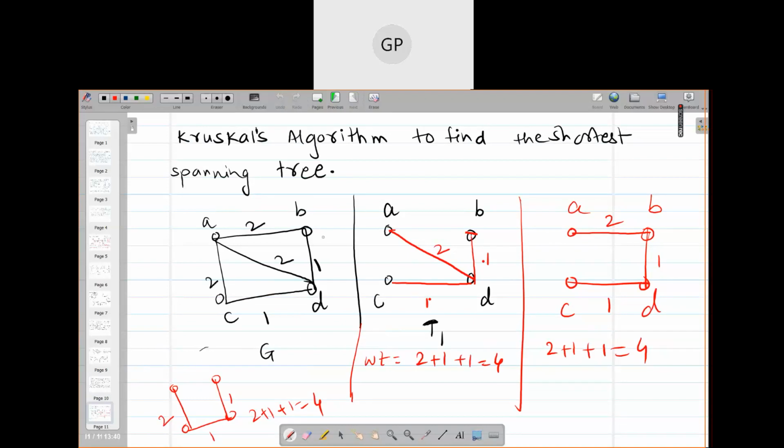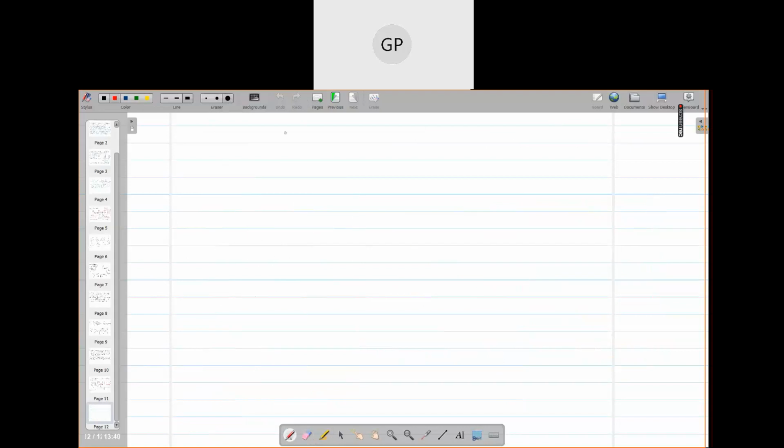Okay. Then, if this is so easy to do, why do we need an algorithm for that? Can anyone tell me? Why do we need an algorithm?